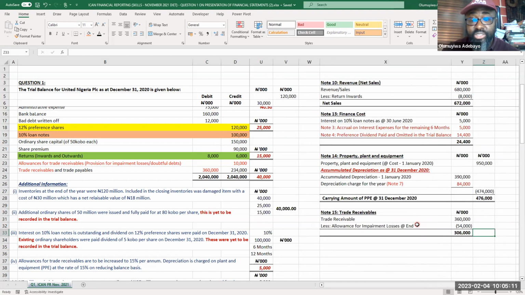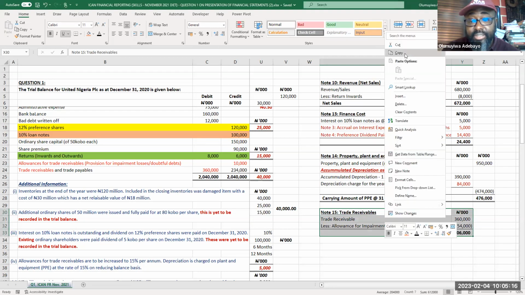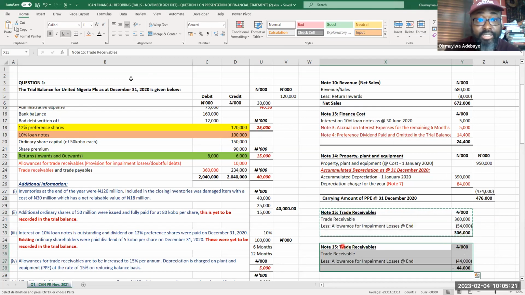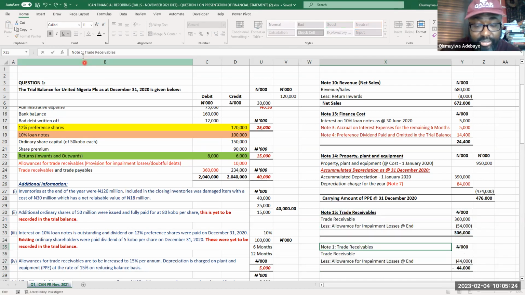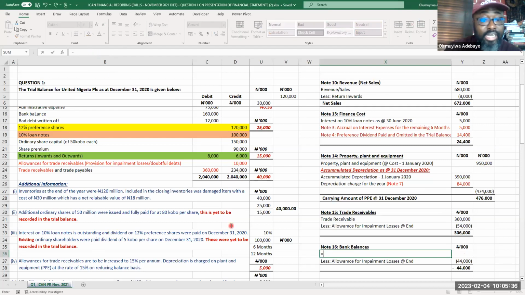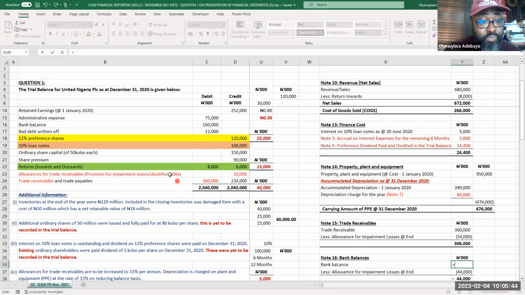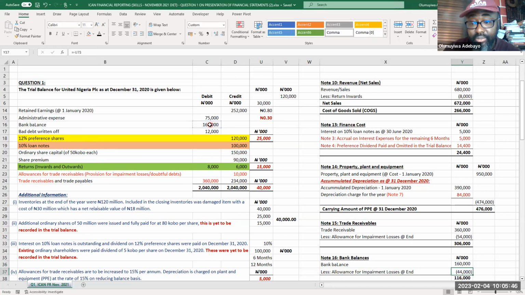Remember, there are monies we received from shares that has not been recorded and payment we made that has not been recorded in terms of dividend. Therefore, note 16, bank balances. As per accounts, we have 160.